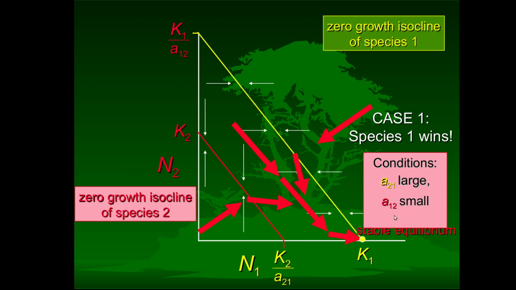All right, these 4 rules can be framed in terms of the 2 competition coefficients, A21 and A12. So for simplicity, let's just assume the carrying capacities are the same, K1 is K2. So if A21 is greater than A12, species 1 wins. That's case 1.